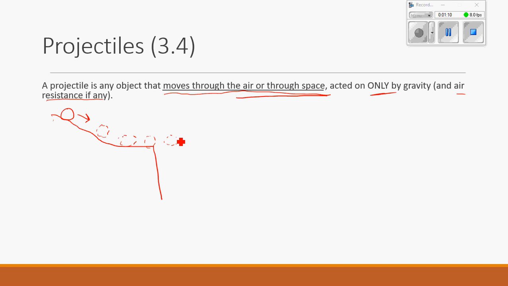Right at that point, it is now a projectile, because no longer is there a force from the table or anything else other than the force of gravity, which is straight down. And in this case, if there's air resistance, there'd be a force of air in that situation.